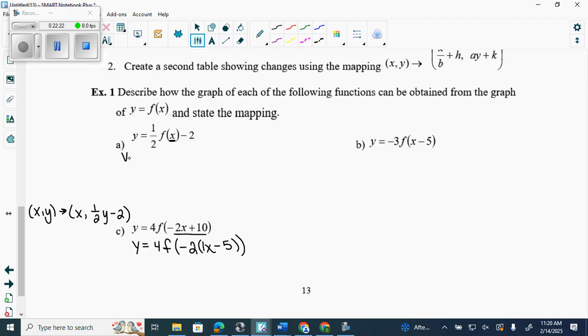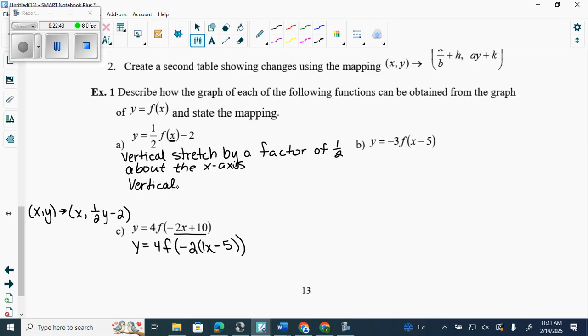So the half in front is a vertical stretch by a factor of 1/2. About the opposite axis, so about the x-axis. And then a vertical translation 2 units down.